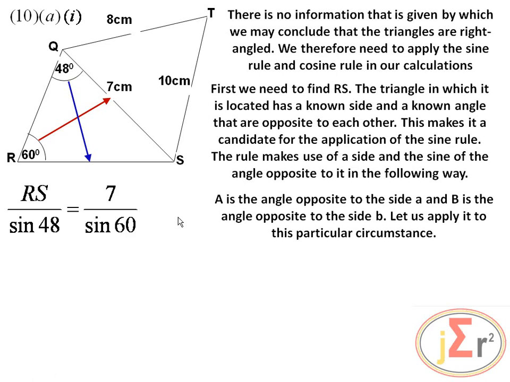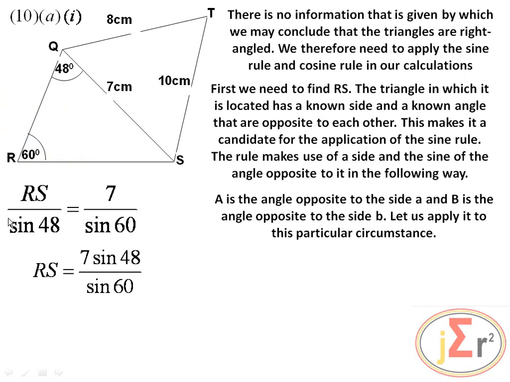So put it into our particular circumstance. We have RS, which is the length of the side, over sine 48, that angle, is equal to what? 7 over sine 60. So side, sine of opposite angle, side, sine of opposite angle, and then we may transpose.